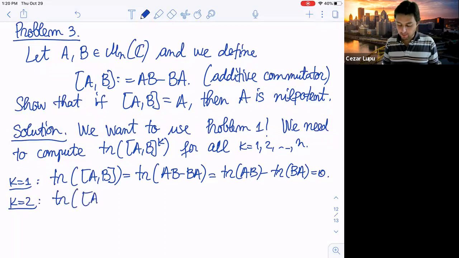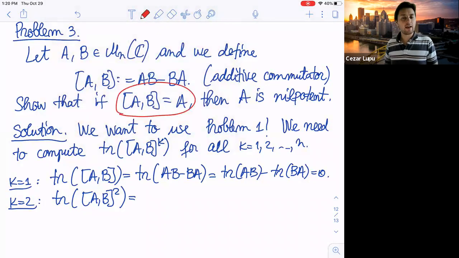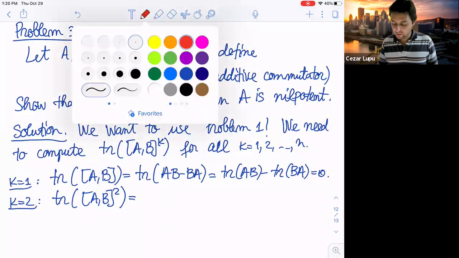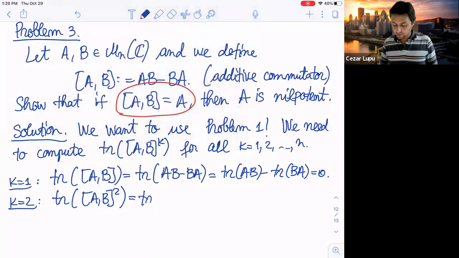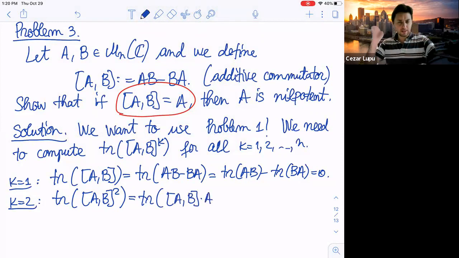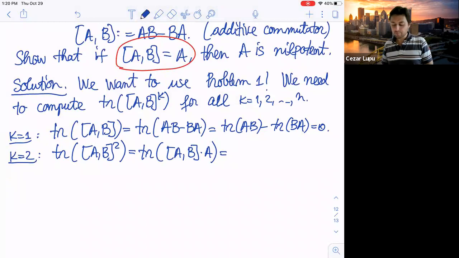Trace of [A,B] squared. But keep in mind that [A,B], so this guy, is A. So this would be equal to the trace of, let's put it like this, [A,B] times A, so that I don't need to expand and compute the squares there. I think it's much easier to do it this way, right?